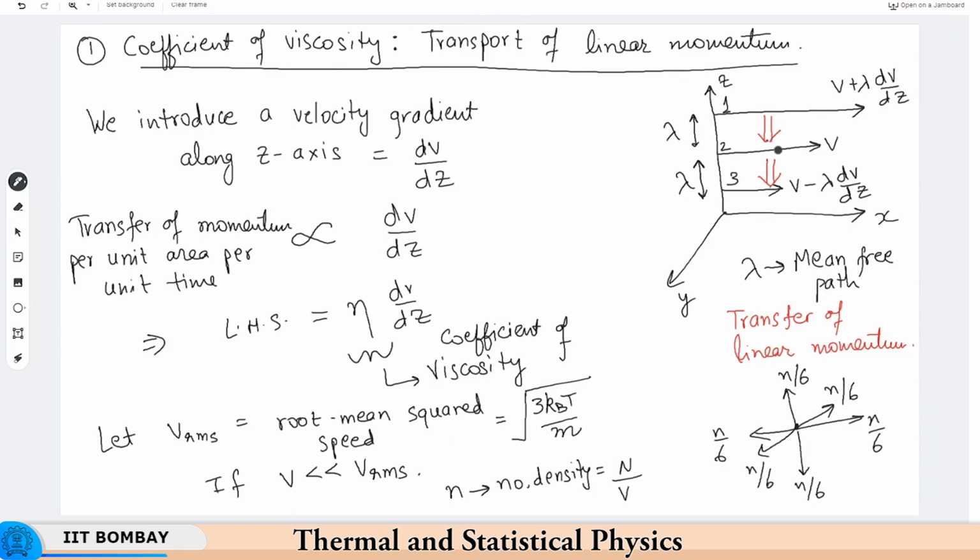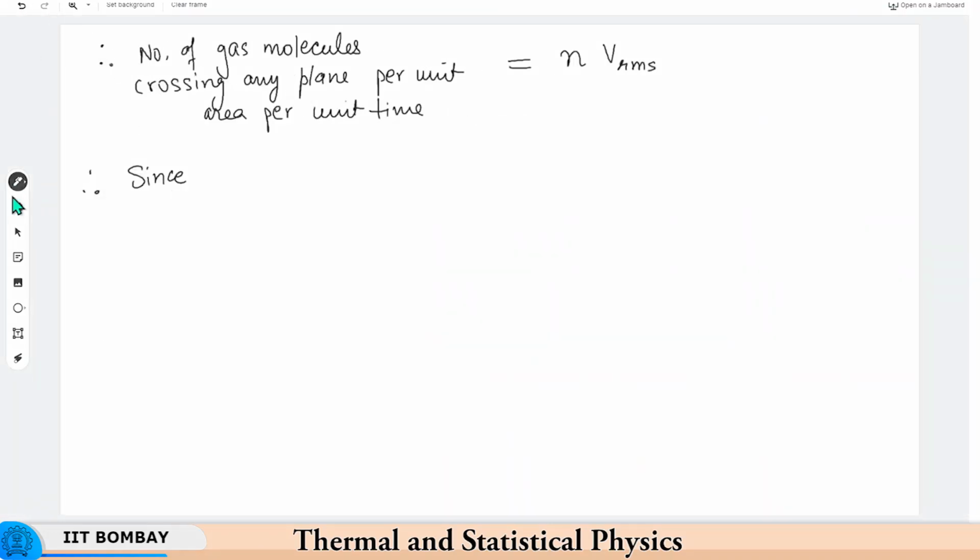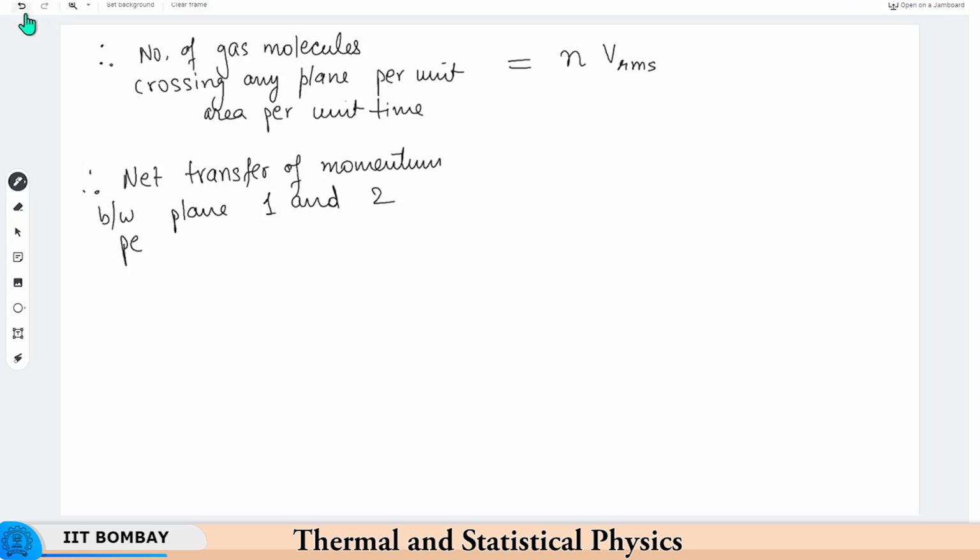So there will be a net transfer of this momentum per unit area per unit time. You can very easily see the net transfer of momentum between plane 1 and 2 per unit area, per unit time, just a shorthand.